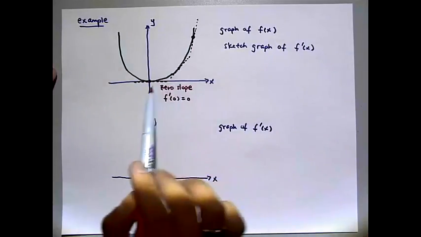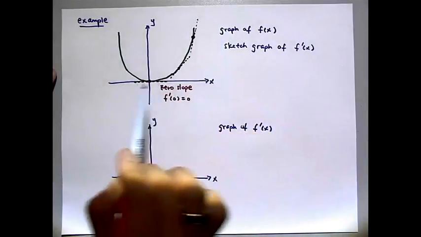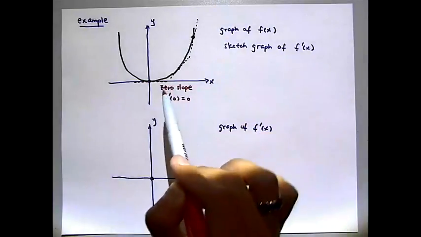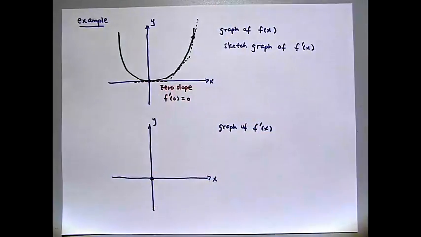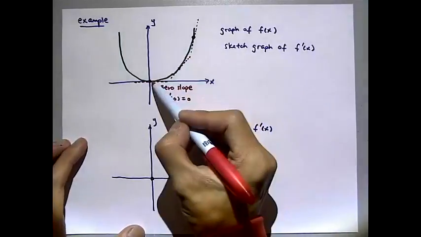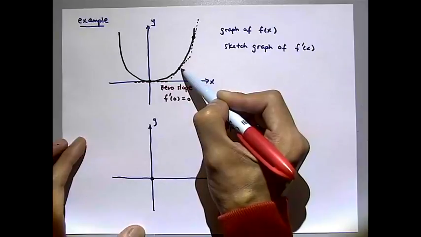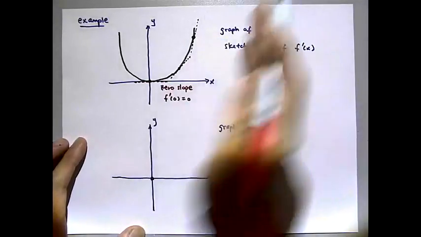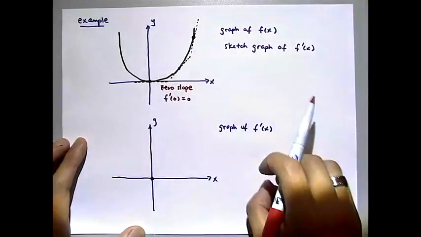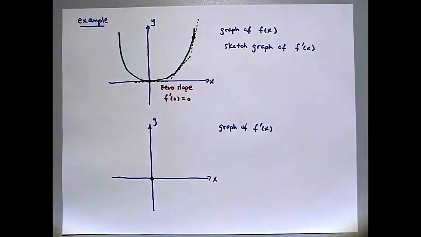You notice that as we move to the right, the tangent line slope remains positive, and it gets steeper. Okay? It's 0 right here, gets a little steeper, a little more steeper, much steeper. The more we move to the right, the steeper the tangent line is.